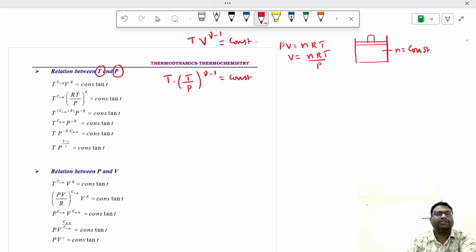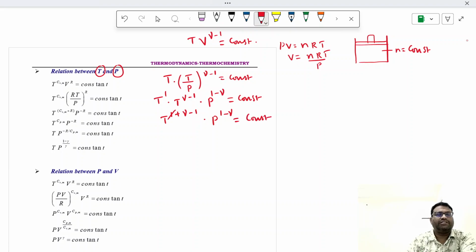Then what do you get? T power 1 into T power gamma minus 1 into P power 1 by P power gamma minus 1. 1 by P power gamma minus 1 gives you P power 1 minus gamma is equal to constant. So then T power 1 plus gamma minus 1 into P power 1 minus gamma is equal to constant.